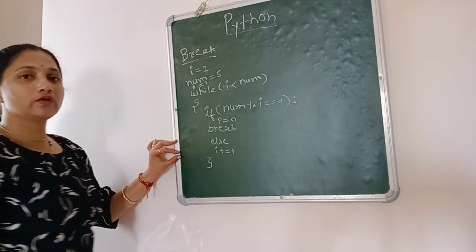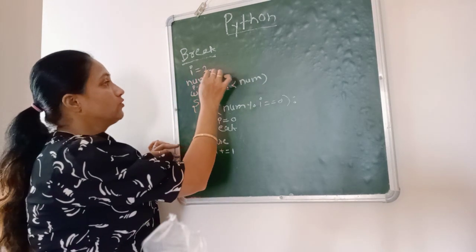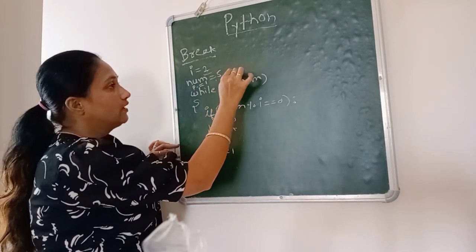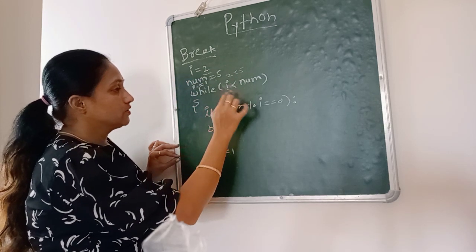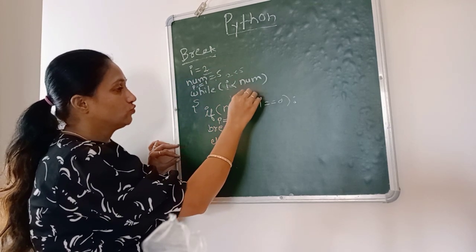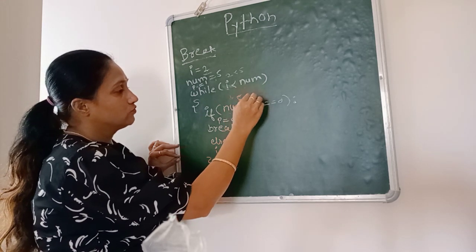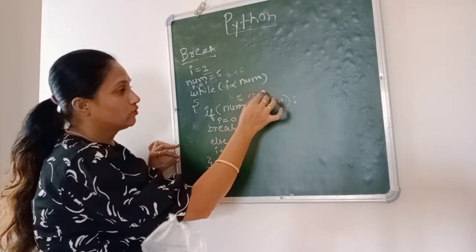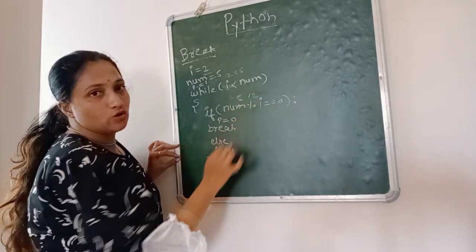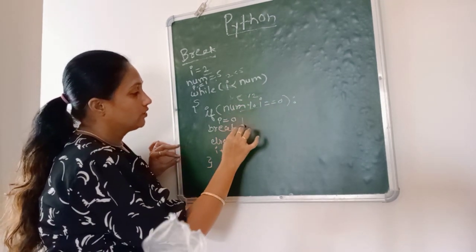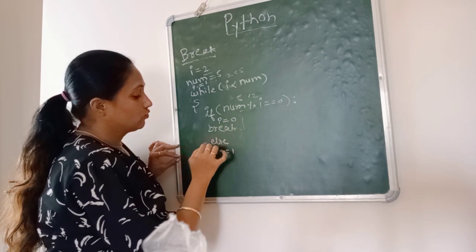Now let us see how it runs. I's value is 2 for the first iteration. I, 2, less than 5, condition true. It comes inside and checks whether 5 mod 2, that is 5 divided by 2, remainder is 0 or not. The remainder is not 0, so the condition is false. It will not execute this part, it will go to the else part.